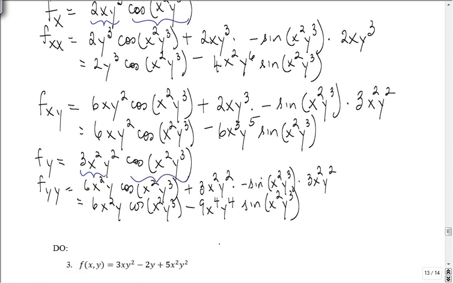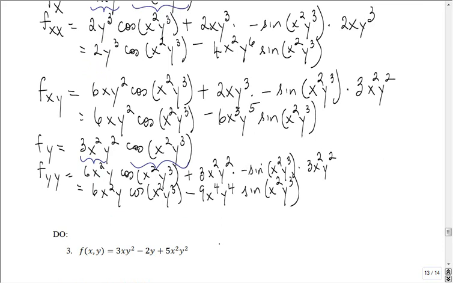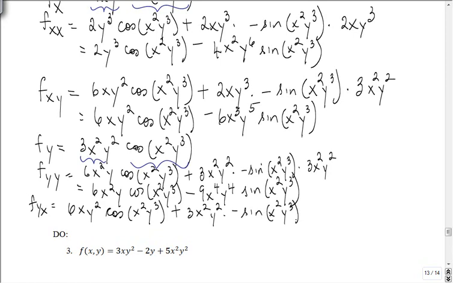Now we want fyx, and if we do not get the same thing as fxy, we have made an error, because that is a continuous function. Fyx. We are partially differentiating fy with respect to x. So the first term will give us 6xy squared times cosine of x squared y cubed plus 3x squared y squared times minus sine x squared y cubed with respect to x, which is 2xy cubed.